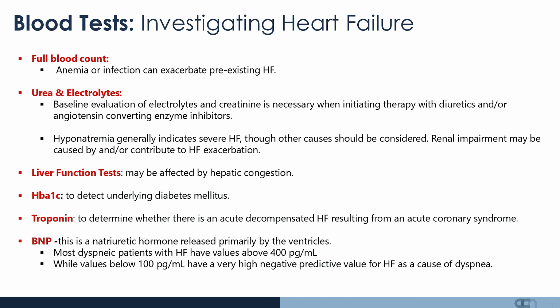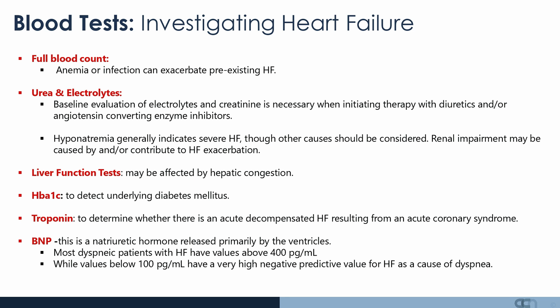You may also detect a chronic hyponatremia in patients with heart failure. LFTs may be deranged if there is hepatic congestion as a result of cardiac failure. A HbA1c would be useful to detect the presence of diabetes mellitus, and a troponin can be used to determine whether an acute decompensation of heart failure is as a result of an acute coronary syndrome.